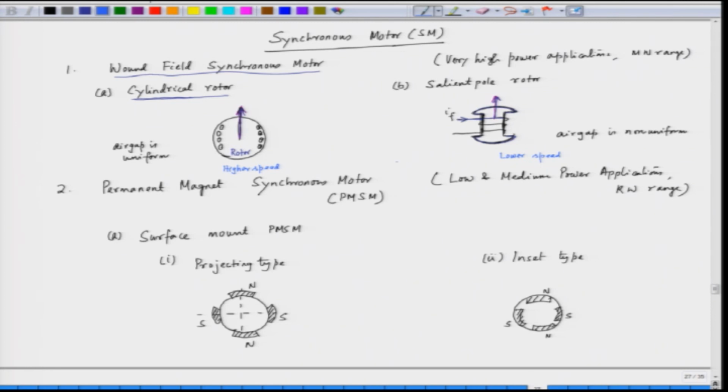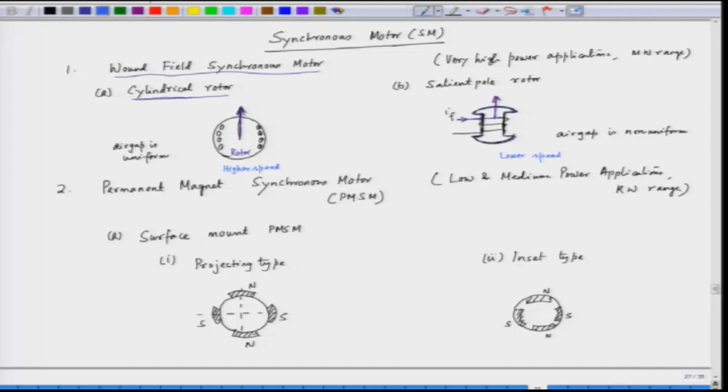Now, the rotor basically produces a DC flux. Unlike an induction motor, here the rotor produces a DC flux, and the DC flux is produced by a DC winding in the rotor. Now, if we replace the physical DC winding by a permanent magnet, we get a permanent magnet synchronous motor. In permanent magnet synchronous motor, we can have various types.